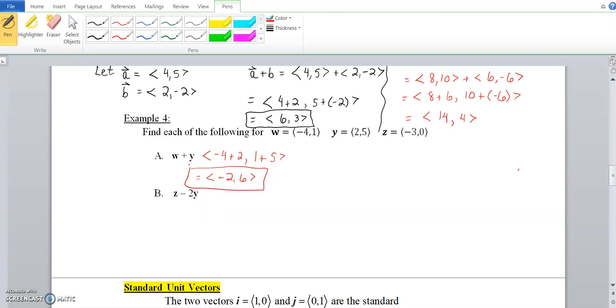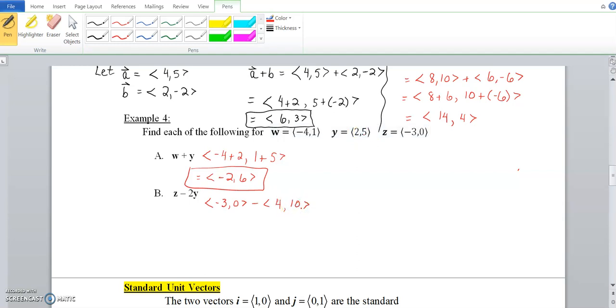Z minus 2y. I'm going to write this out in component form. Z is just <-3, 0>. Then we're going to subtract 2y. 2 times y is 2 times the first component, so 4, and 2 times the second is 10.